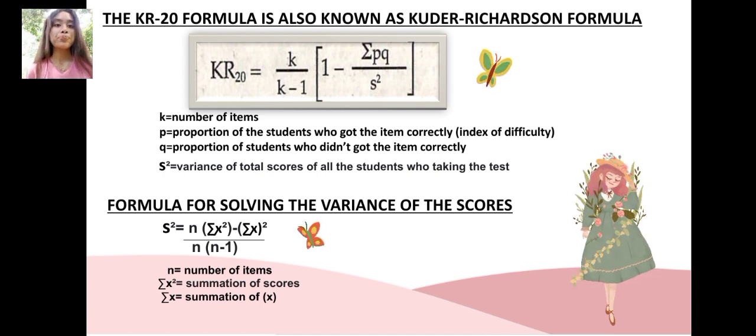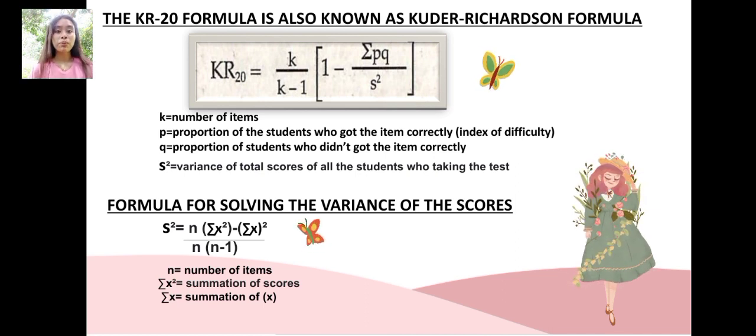Okay, so K is the number of items, then P is the proportion of the students who got the item correctly, or the index of difficulty, and then Q is the proportion of students who didn't get the item correctly, and S squared is the variance of the total scores of all the students taking the test.